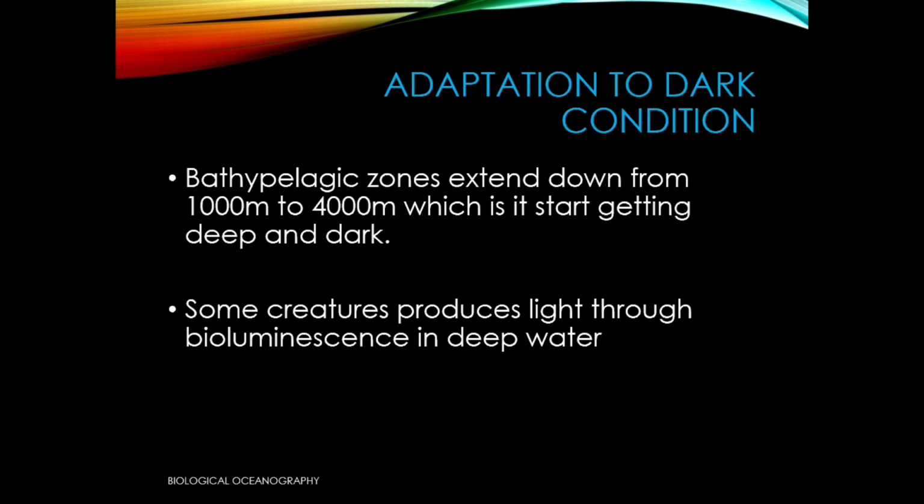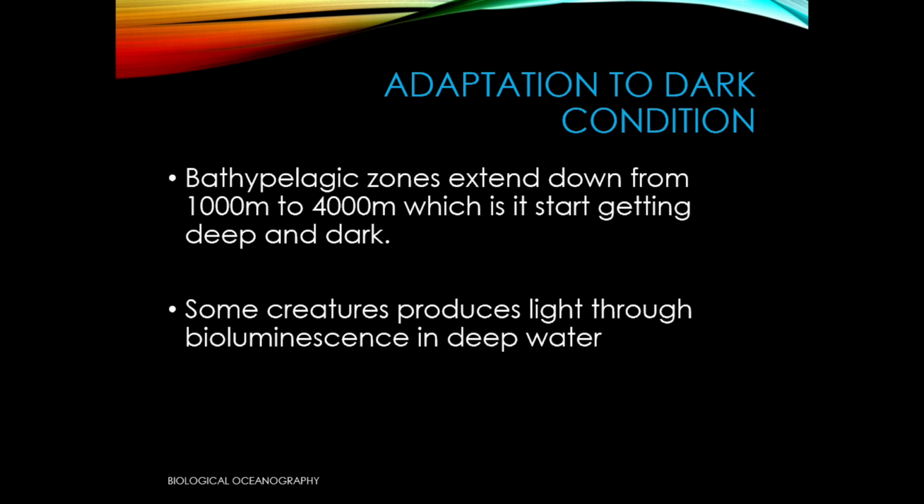And how do these deep-sea organisms adapt to dark conditions? In the bathypelagic zone, it starts getting deep and dark. As I mentioned before, the bathypelagic zone is between 1000 meters and 4000 meters.